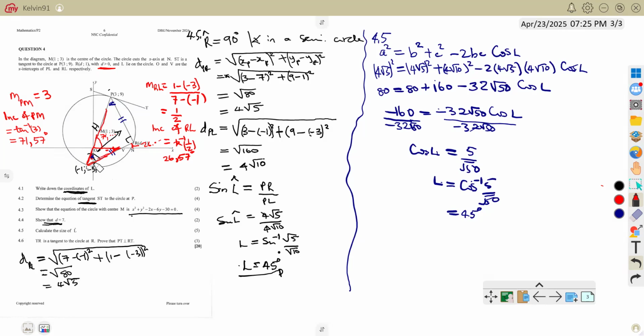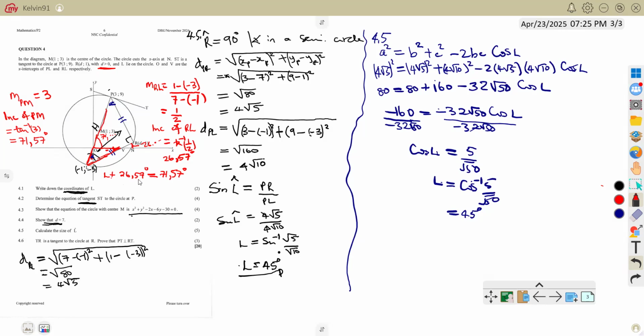In other words, the angle L that we want plus the angle here, which is 26.57 degrees, must be equal to this angle here, which is 71.57 degrees.